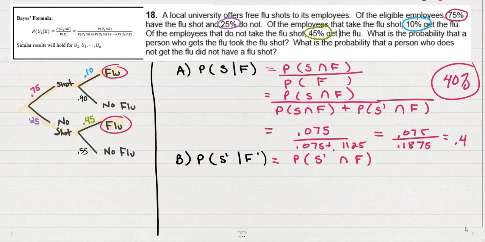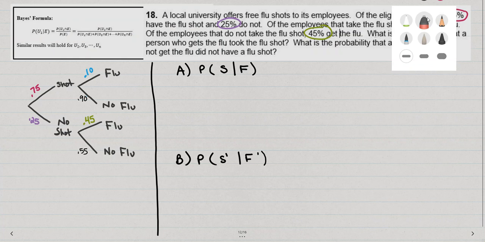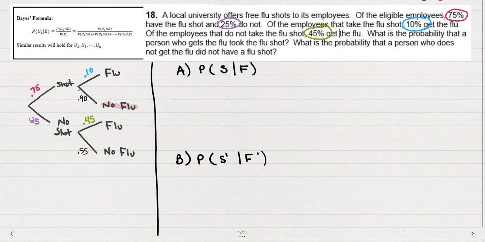Let me go to the new page so we can highlight those just to make sure everyone's clear on that. Let me highlight what we're doing here. So we're looking for the probability of not getting the flu. So it's these two branches.